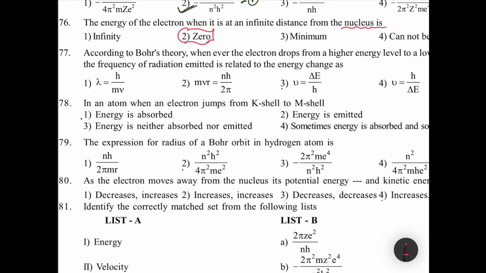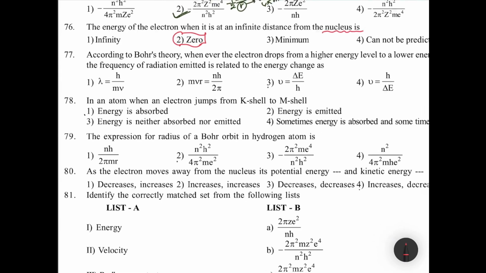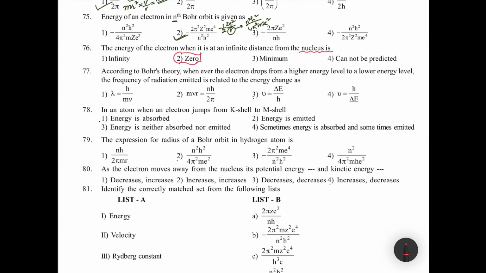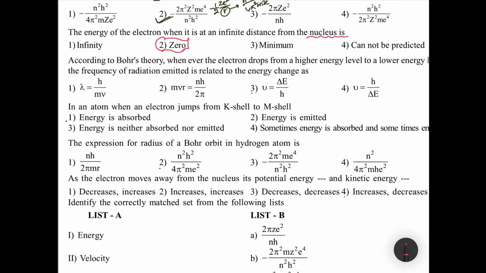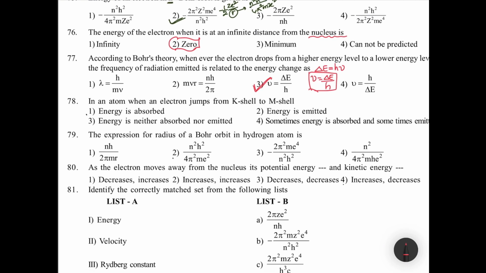According to Bohr's theory, whenever the electron jumps from a higher energy level to a lower energy level, the frequency of radiation emitted is related to delta E equal to E2 minus E1, which is equal to h nu, or nu is equal to delta E by h. Very simple. 78th question.